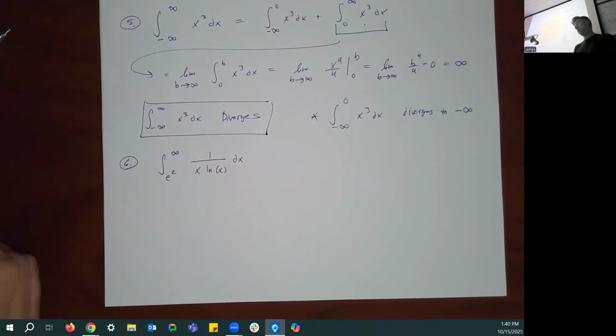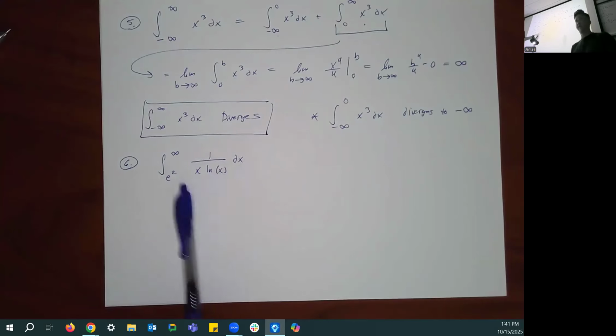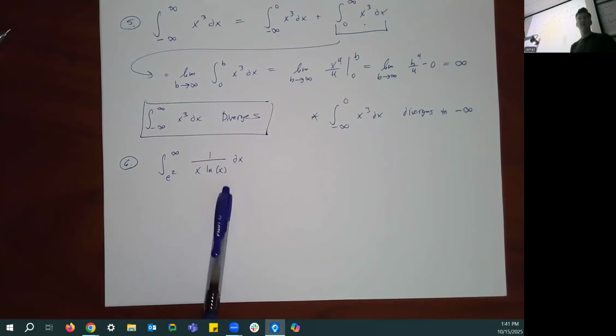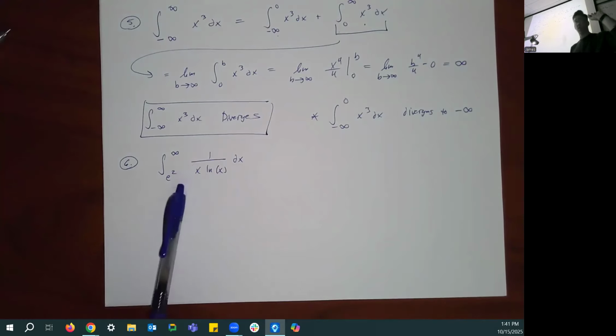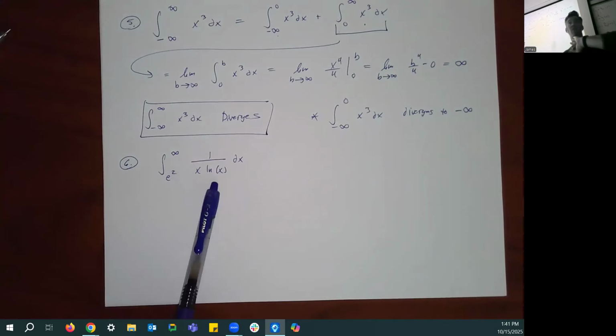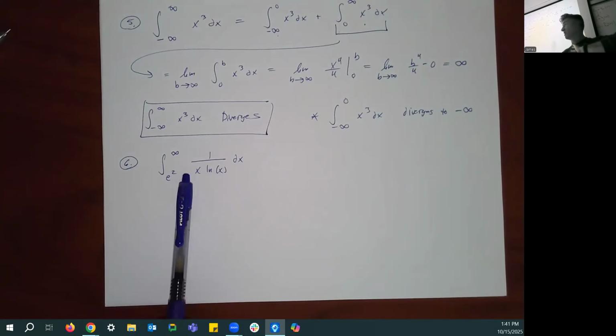And just so we're being extra careful here, this function is undefined some places. What's one value of x that would not be okay to have? 0, right? Because dividing by 0 is a problem. The function is undefined. What's another value of x that's a problem? Natural log of 1 would be a problem because natural log of 1 is 0 as well.